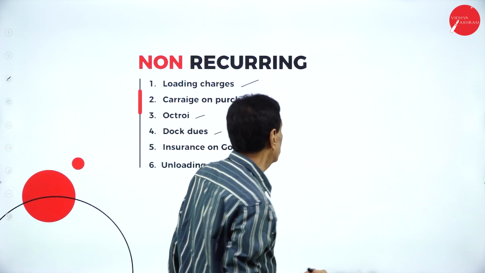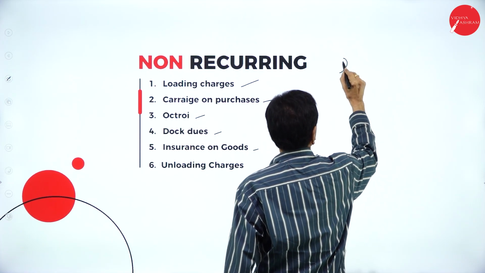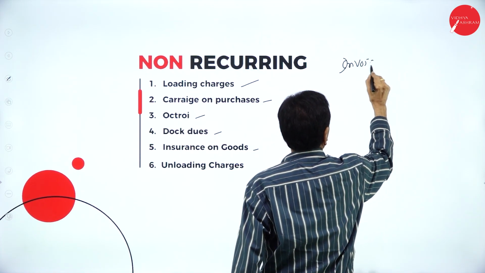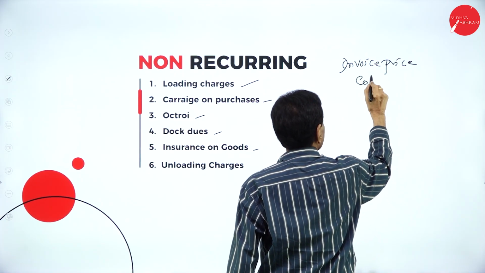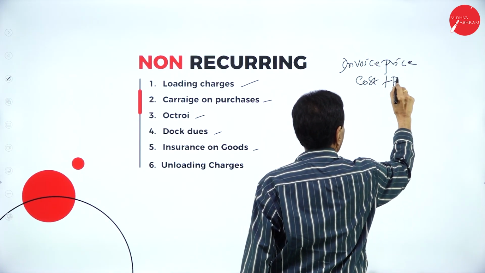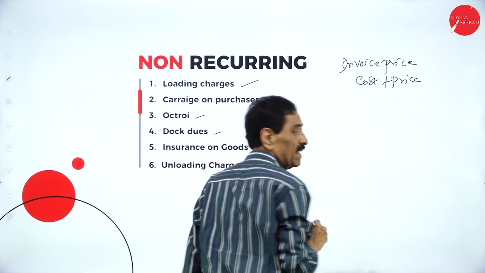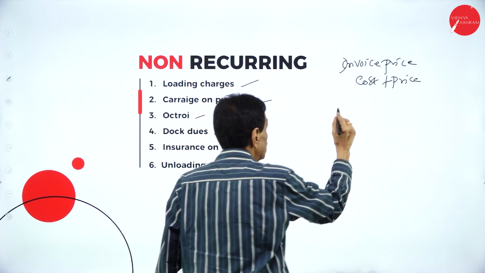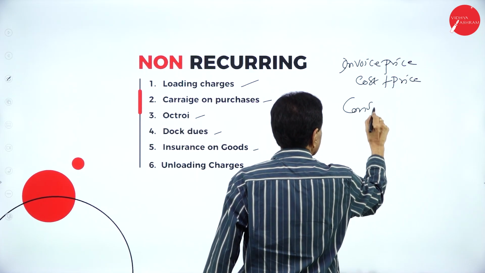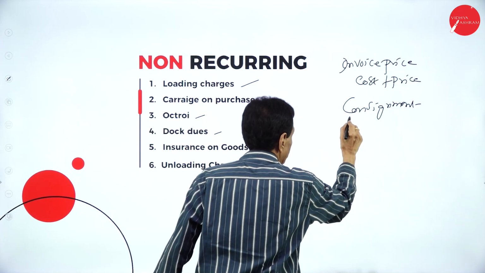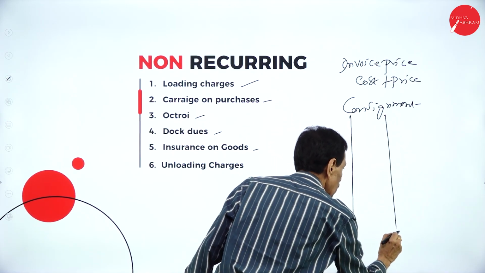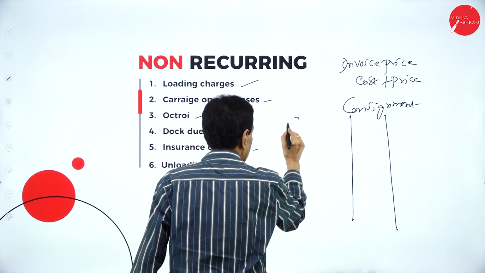So I told you one word called invoice price. This is cost plus profit. I'll give an example. Consignment account, goods sent.